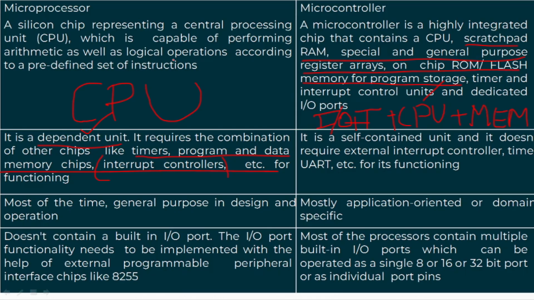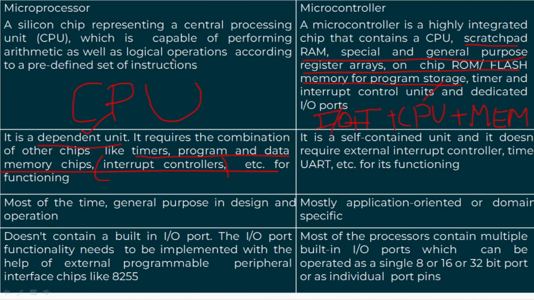It will send something called an interrupt signal to the CPU. When the CPU receives this particular signal, it immediately stops its previous task and gives its attention to the I/O device. But the signal being sent, that is the interrupt signal, also needs to be controlled. So that is carried out by the interrupt controller.